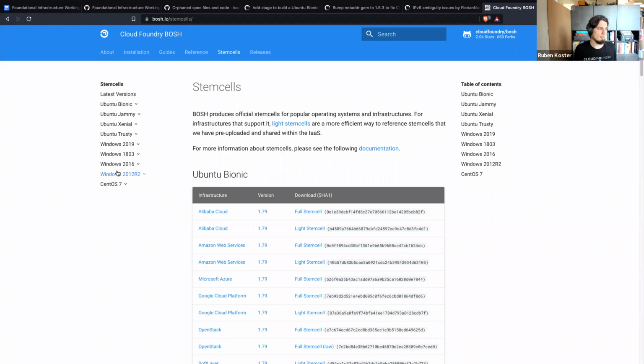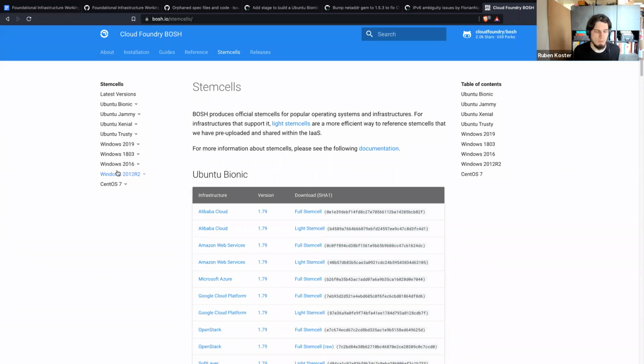Then Ramon and I finished the Bionic work, but most of CF deployment already worked. And now we are really on top of it, as in we have Jammy. The Jammy beta went out just after Canonical got the GA.